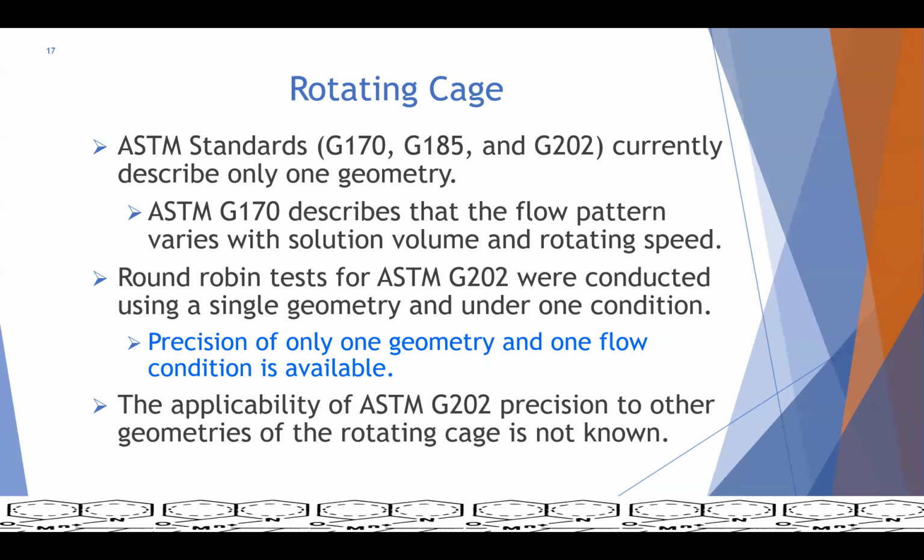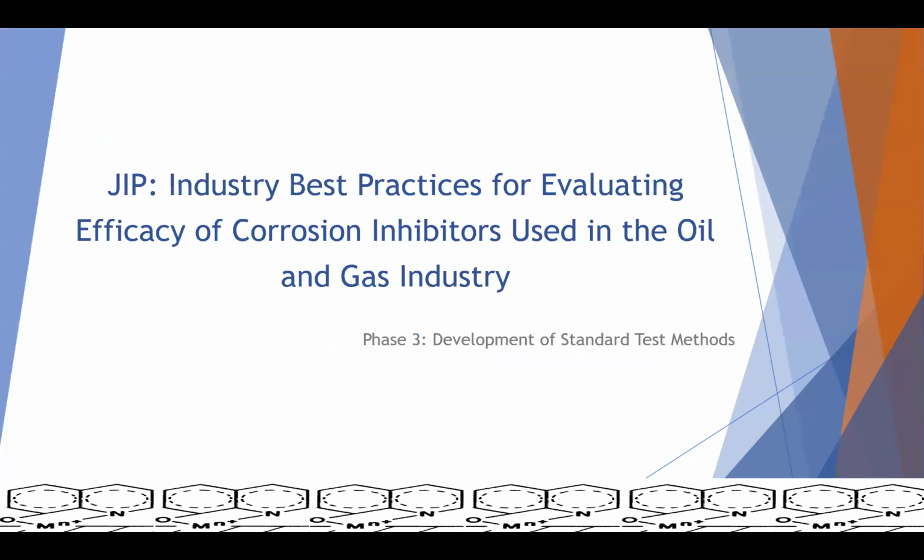It doesn't mean that we can't develop new standards and do round robin tests to establish those precisions. You cannot copy and assume that the precision established for a particular geometry will be applicable to all the geometries under all operating conditions. This is one of the common mistakes our industry makes. So that is a summary of rotating cage.